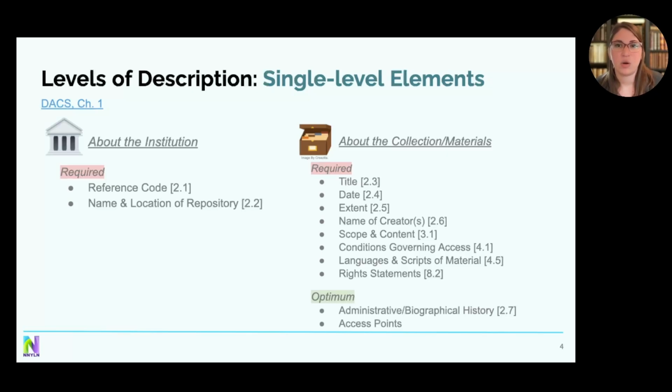Those are the required pieces like title, date, creator, languages, things like that. We also captured 2 optimum level elements just because they add so much value to the description we're doing and the ease of being able to navigate it. So they help us enough that we practiced doing those as well. That was the administrative and biographical history, as well as the access points.